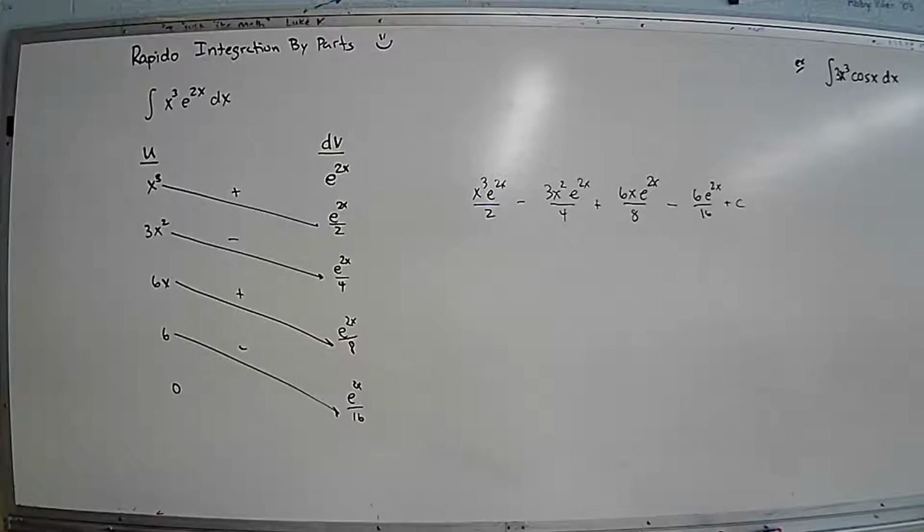So make a U column and a dv column. Differentiate down to zero.